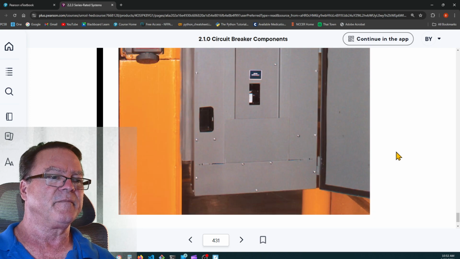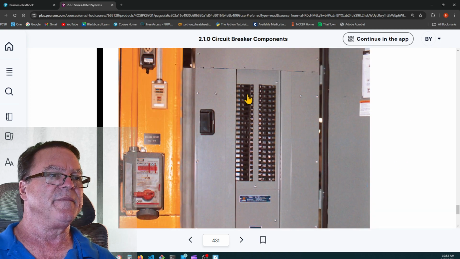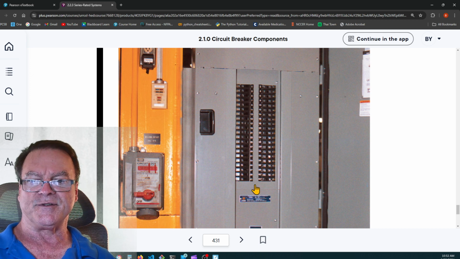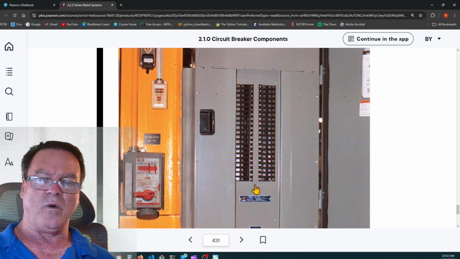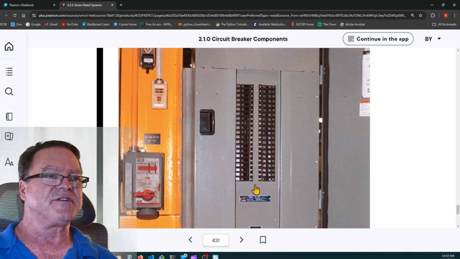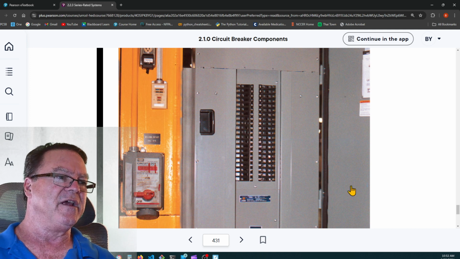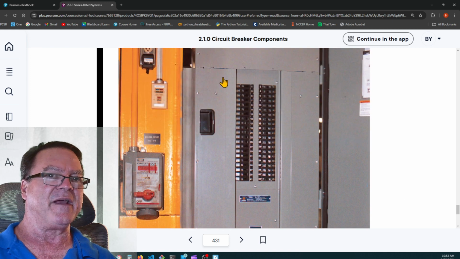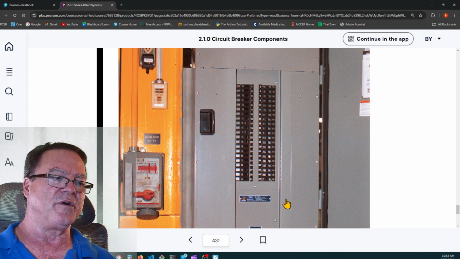All right. The code used to limit us to 42 circuit breakers in a panel. They no longer say the number 42. Now they say as per manufacturer's installation requirements. So you have to check with the manufacturer to see how many circuits that panel is actually good for. But I think that the manufacturers still do limit it to 42 circuits per panel because of cooling.